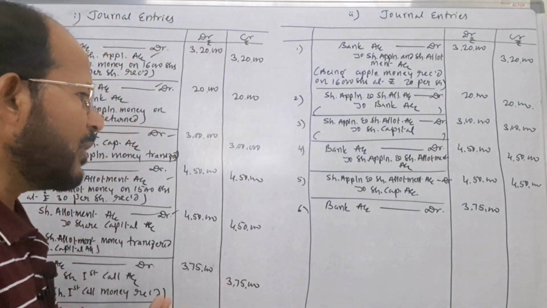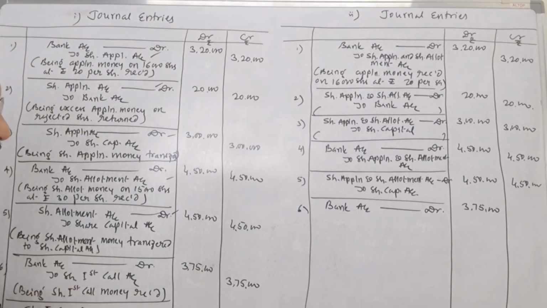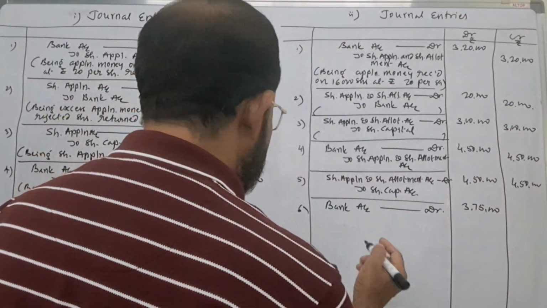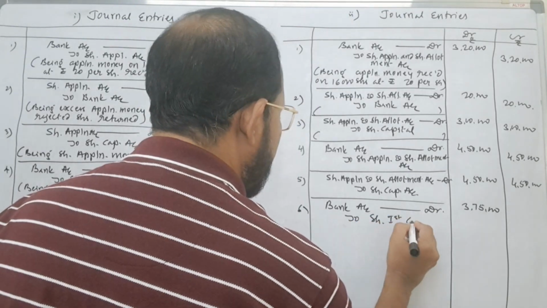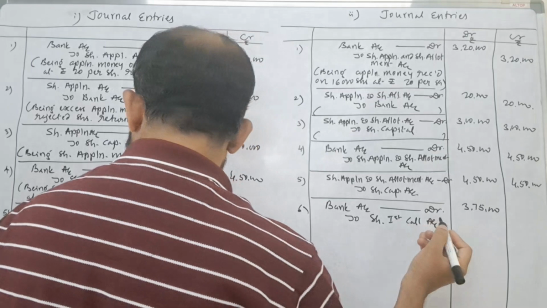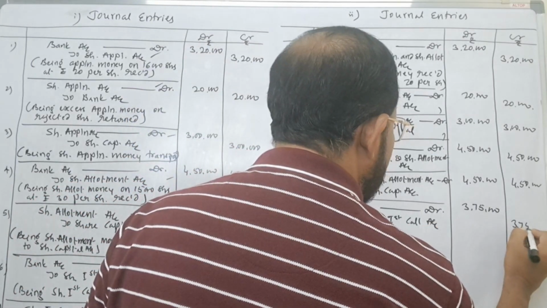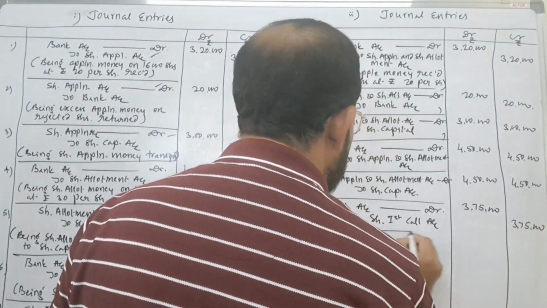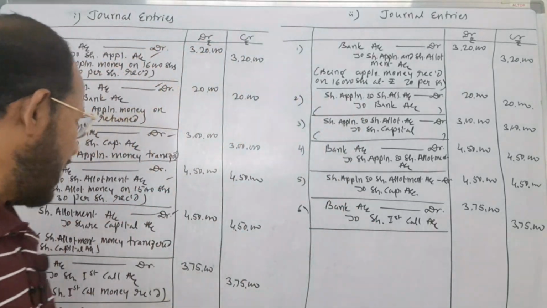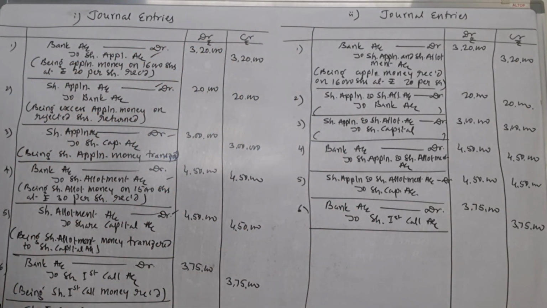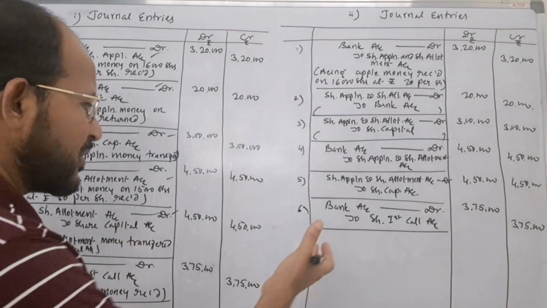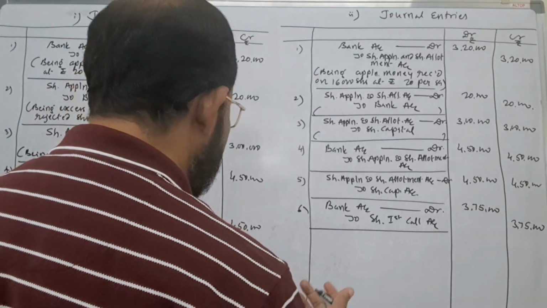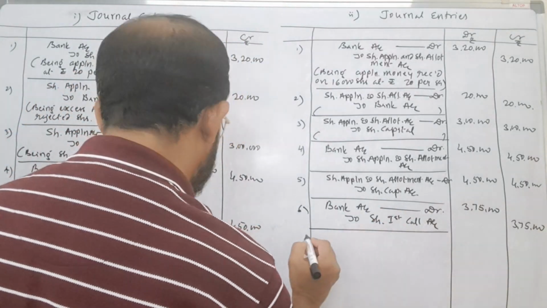No other changes will be made here. In case of call money, the same journal entries we have to pass. Bank account is debited to share first call account. Amount rupees 3,75,000. Write the same narration, being first call money was received at rupees 20 or 30, whatever it may be, that you have to take. First call money rupees 25 is there, right? Okay, rupees 25, you write the same narration.